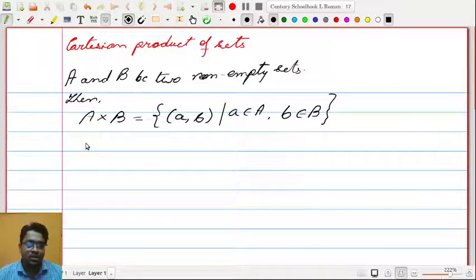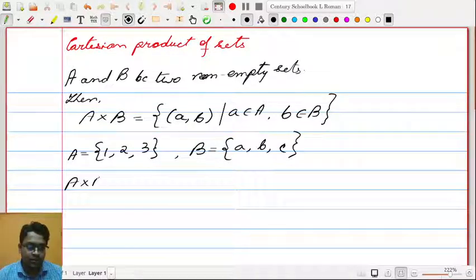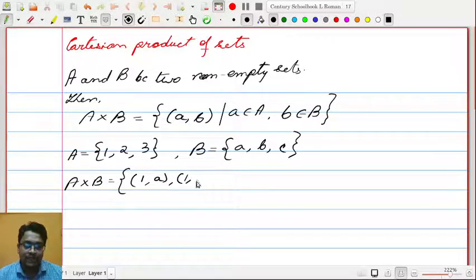Suppose, for example, I take the set A to be 1, 2 and 3, and the set B to be a, b, c. In that case, what is the Cartesian product A cross B? Each element of the first set will be paired with each element of the second set. 1 will be paired with a, with b, and with c.